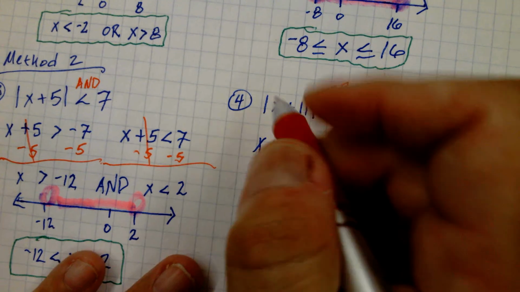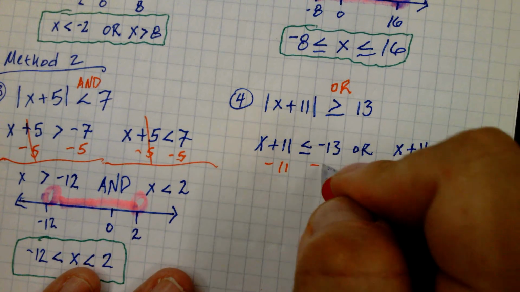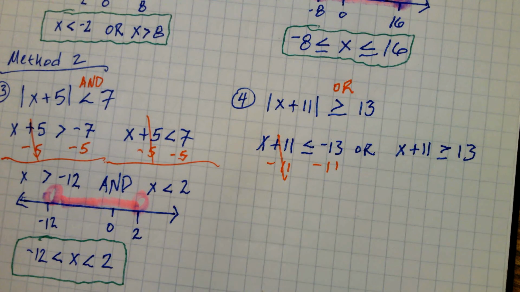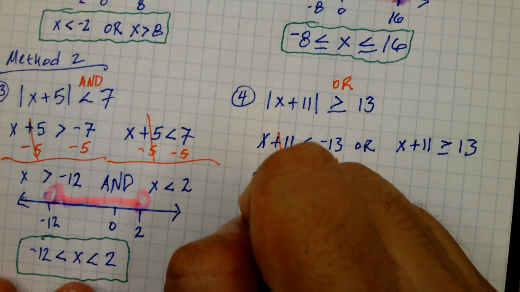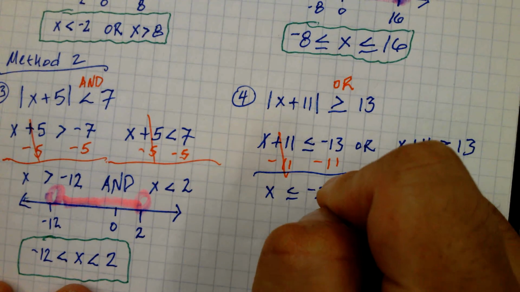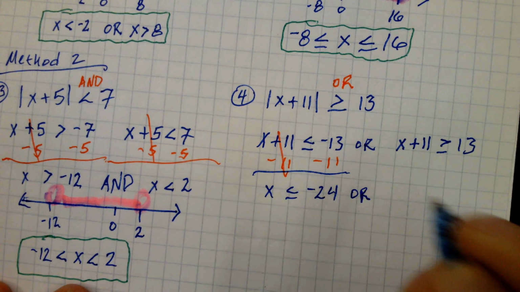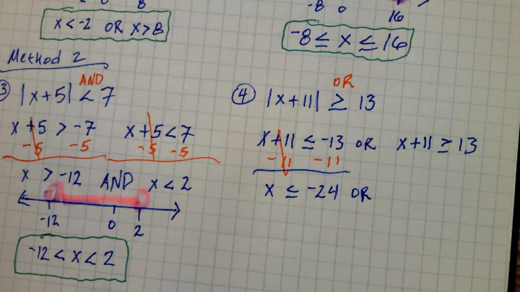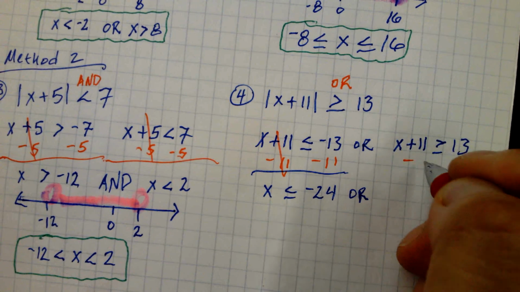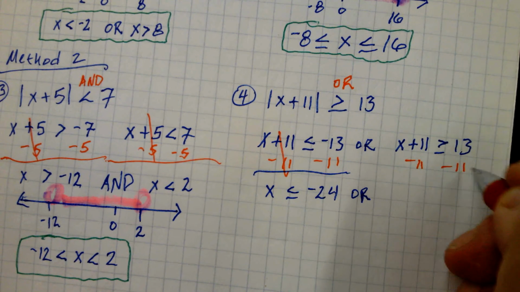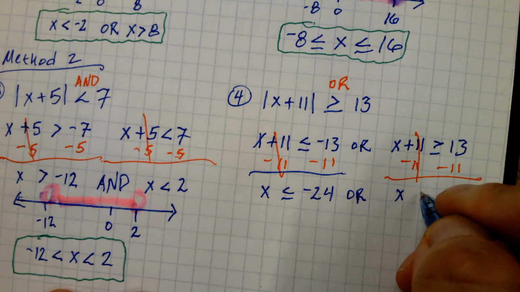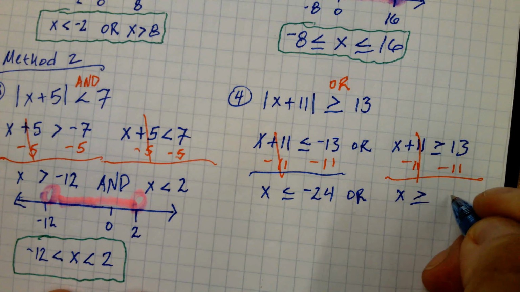And let's solve it. So we have x is less than or equal to negative 24, or let's solve the other side. X is greater than or equal to 2.